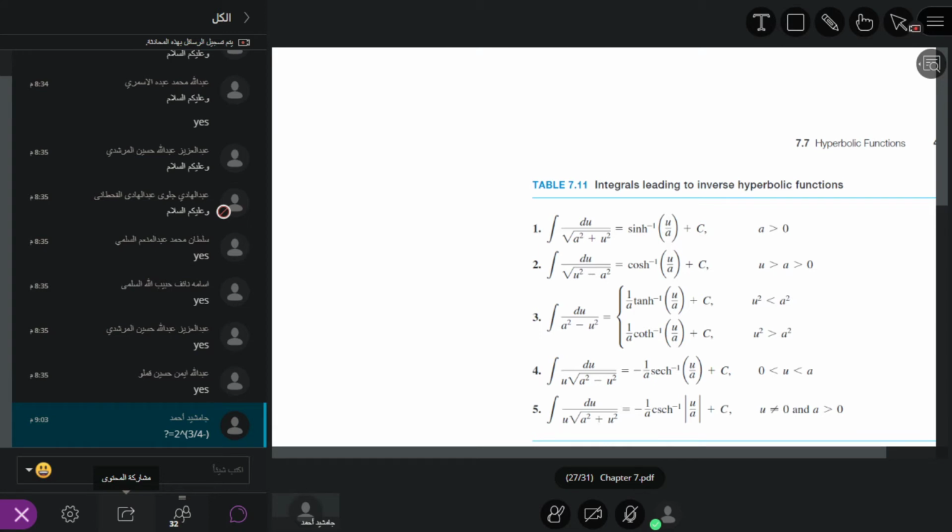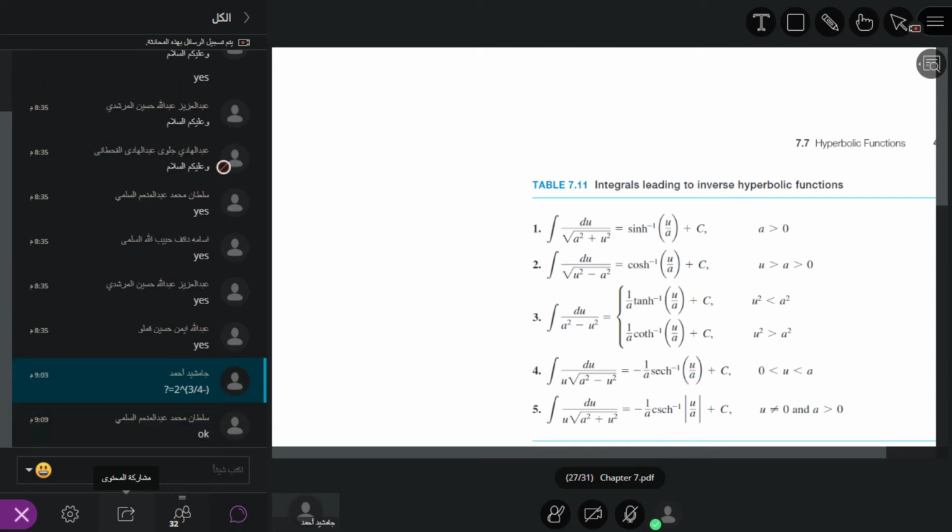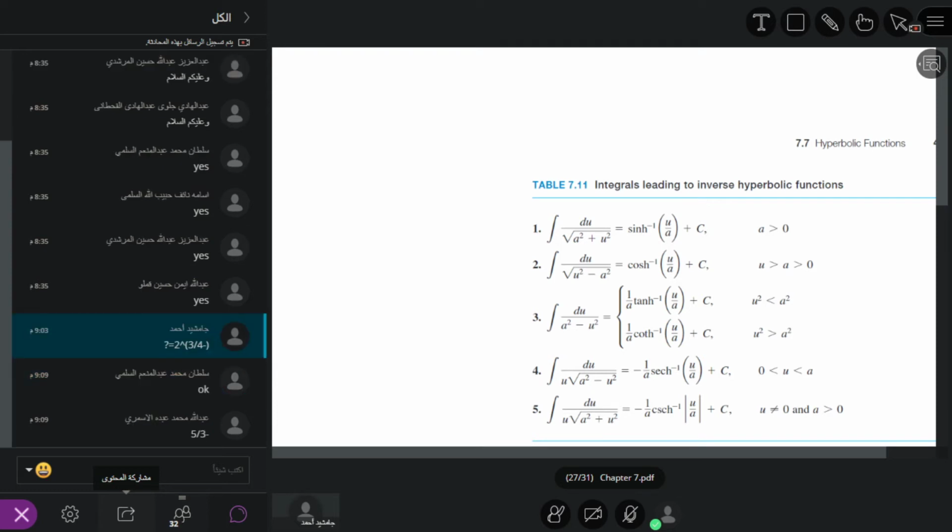So what will be the cotangent? Cotangent is minus 5 by 3. If we have to find sec, it is 1 over cos.